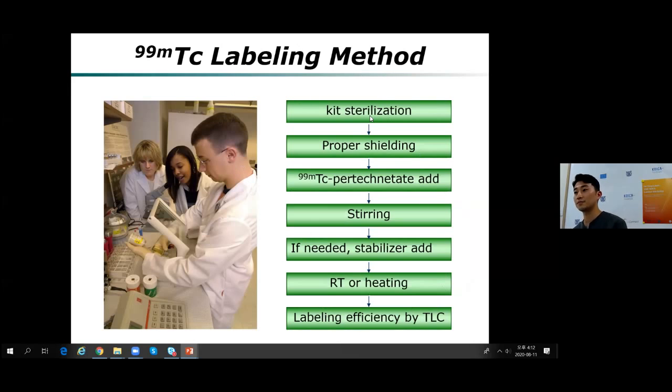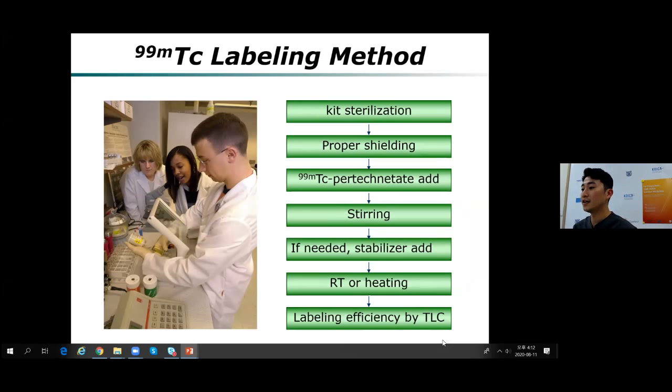After we prepare the kit formulation, we can do the labeling with this process. First of all, we prepare a kit which is already sterilized, and then, using a proper shielding system, we can easily obtain the technetium or rhenium isotope from the generator system and store it in this kit container. After that, we check the TLC.